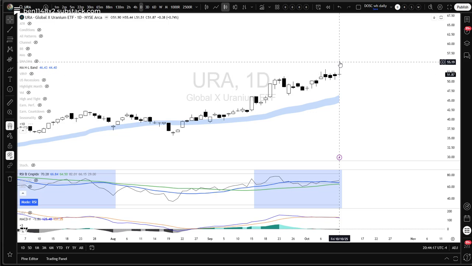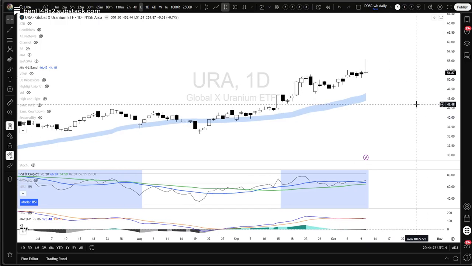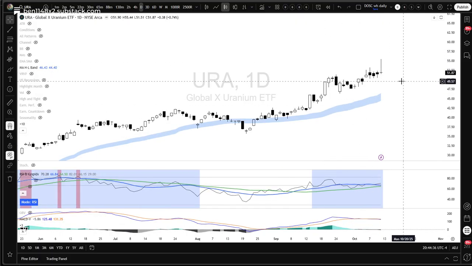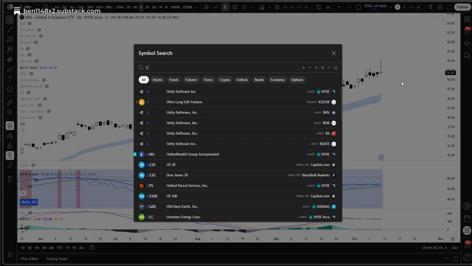You've got this long upper wick and this flat doji body. That's a pretty bearish looking candle. Not a dragonfly, or is it a long upper lash? Anyways, this is not a very encouraging candle, but uranium has been one of the stronger sectors in the market.